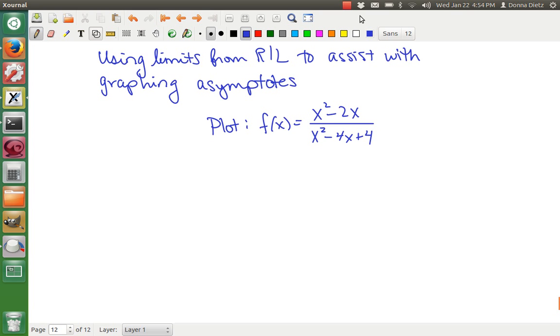For example, let's say I have to plot this function. Now, I'm going to be sneaky here, and I'm going to just factor this out. I happen to know that I have 2 copies of x minus 2 in the denominator. So I can cancel these out as long as x does not equal 2.